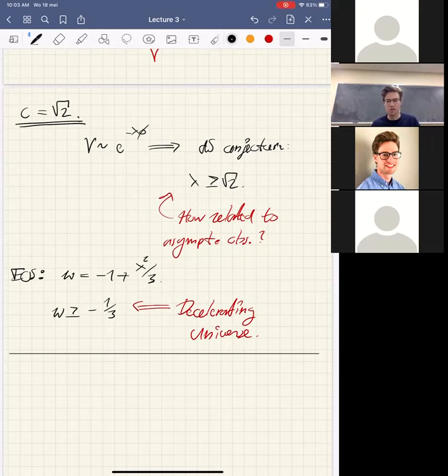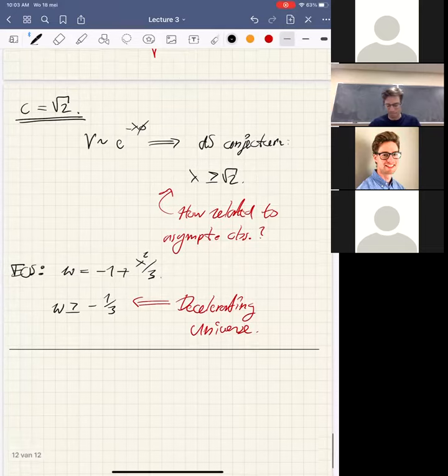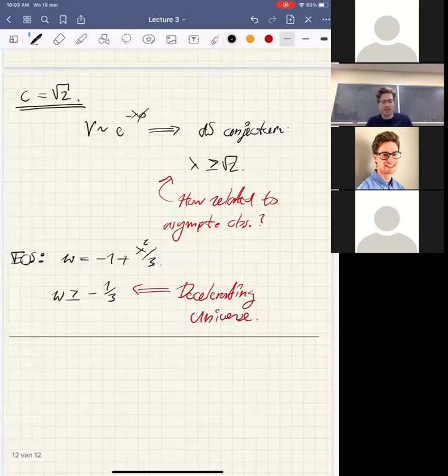So if we take that as our ingredient, we see that this precise value where we have a decelerating universe is compatible with the de Sitter conjecture. So what does that mean? I think a reasonable interpretation of this phenomenon is that these Swampland conjectures, and in particular the de Sitter conjecture, are only supposed to hold asymptotically in your moduli space.